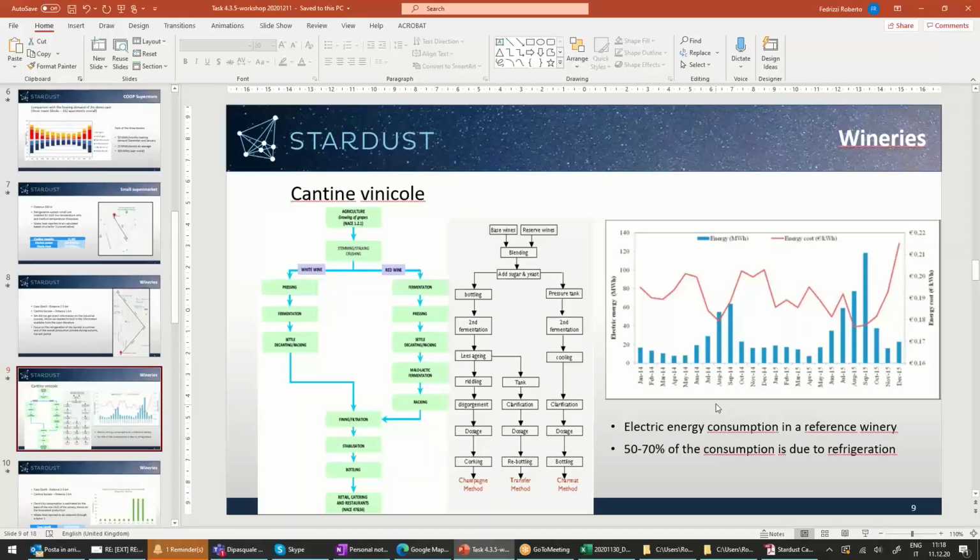Again, what we discovered is that 50–70% of the overall electricity consumption in a winery is related to refrigeration. So again, also in this case, we concentrated on chillers, waste heat from chillers.